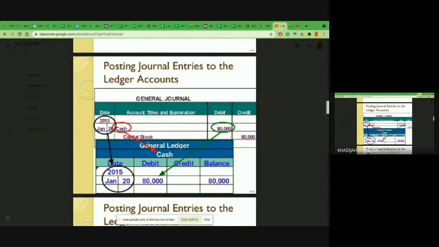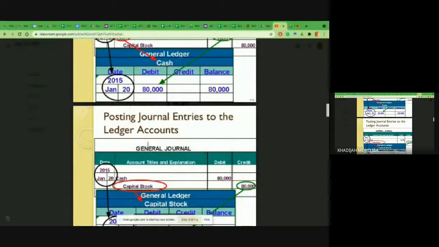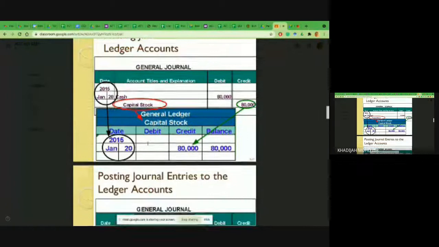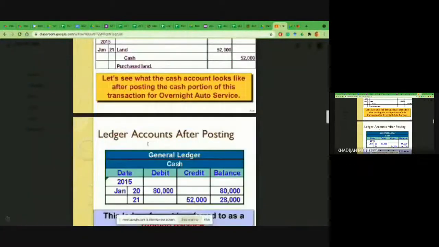It's not a law, but the debited accounts are shown first, followed by the credited accounts. You don't show credit and debit, you show debit and credit. So make sure that you have that debit and credit in your journal entries.